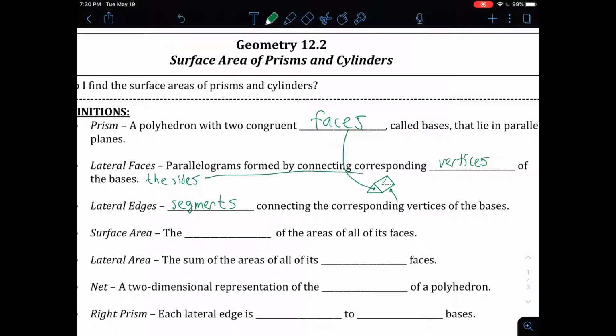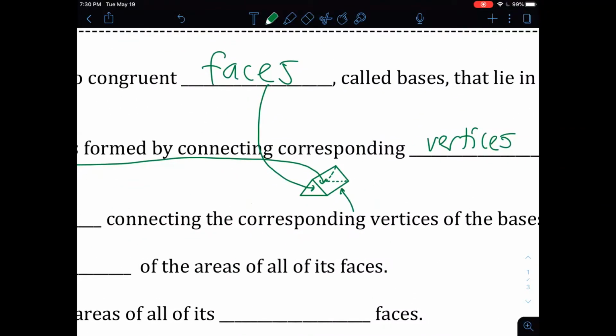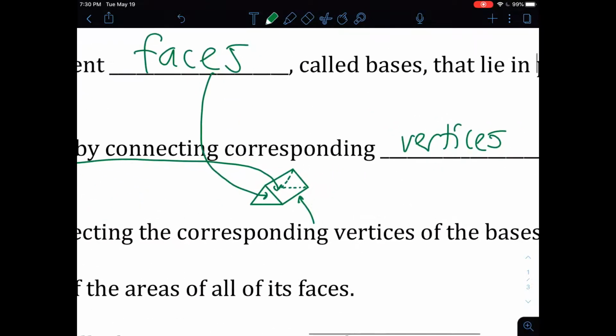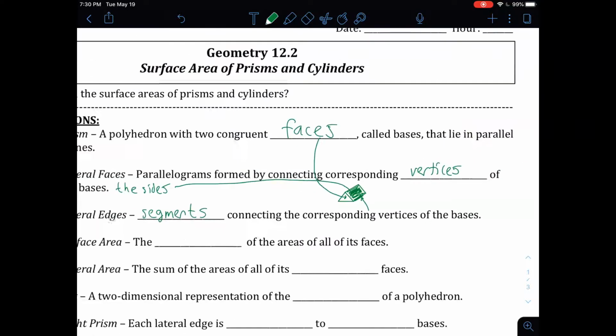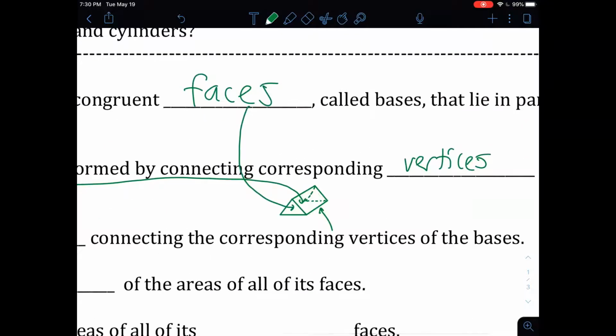It's kind of hard to point to it, but can you see how I'm pointing to the side there? Whereas with the lateral edges, I'm pointing at the actual edges, okay? So this whole side right here is a lateral face, okay? But the edge is going to be just this section right here and just this section right here, all right?